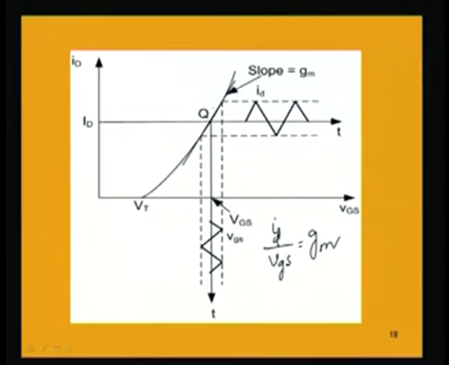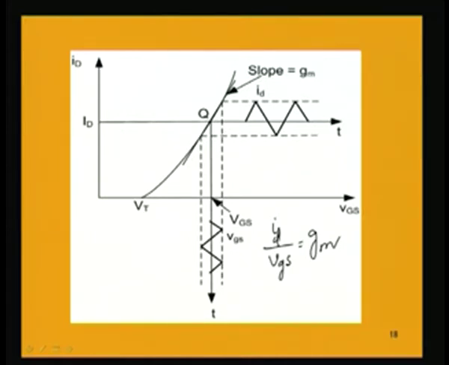So, the slope of this transfer characteristic at the Q point is given by the small difference in the drain current divided by the difference in this voltage, which is nothing but small id by small vgs, that will give the transconductance.